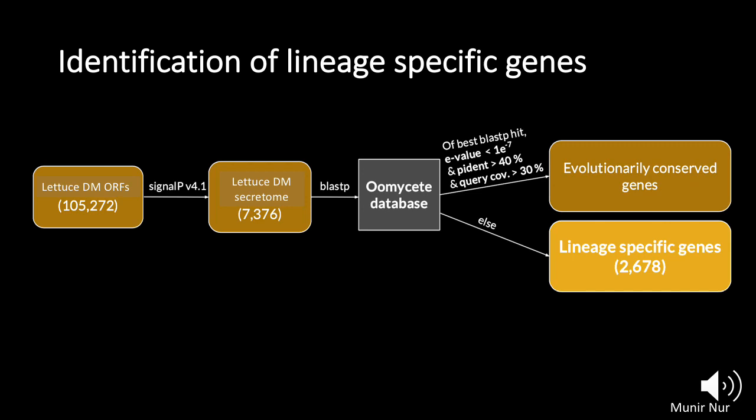Hits with an identity over 40% and over 30% coverage were considered conserved genes, which is a loose metric, because 40% is not super high conservation, but we wanted to get the most lineage-specific genes possible. We found around 2,600 lineage-specific genes, which is a little too many to start functional analysis. So we applied another technique to narrow it down.